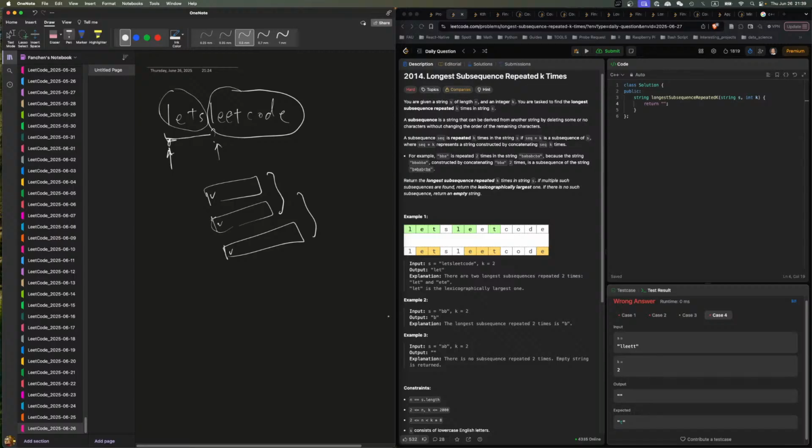You can do a longest common... Basically, it's longest common subsequence over K, over an arbitrary number of arrays. How are we gonna do that?